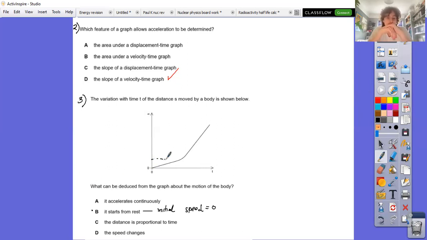It starts off with an initial speed already. How do we know? Well, the gradient of this line is constant, so the speed here is the same as the speed there, and also the same as the speed there. Oh yeah, it's a very tricky one. Makes sense. But that's the whole point of why we want to go through this.